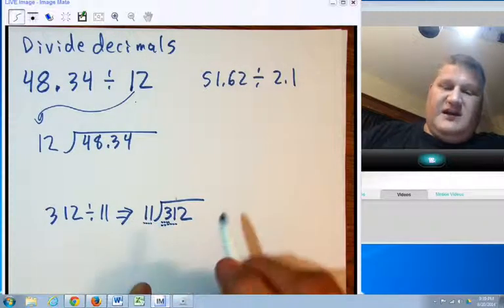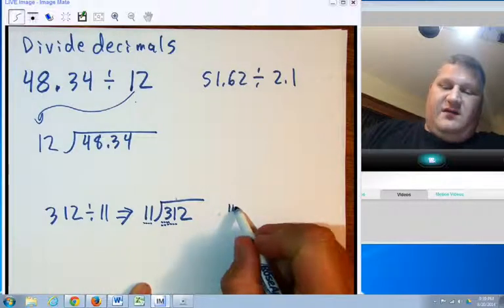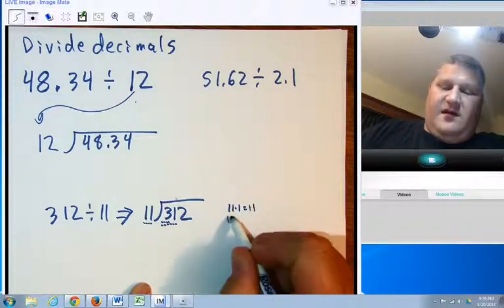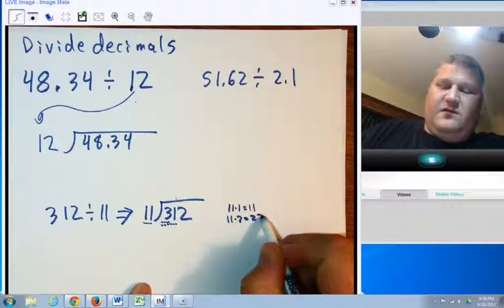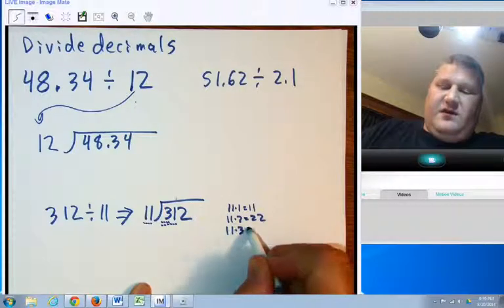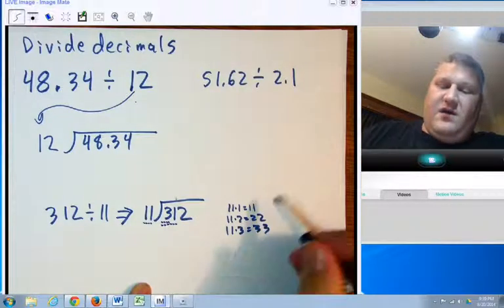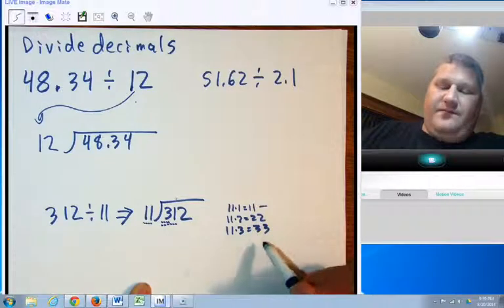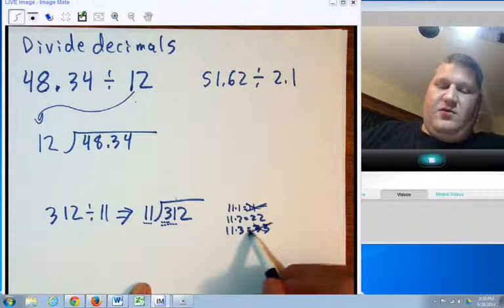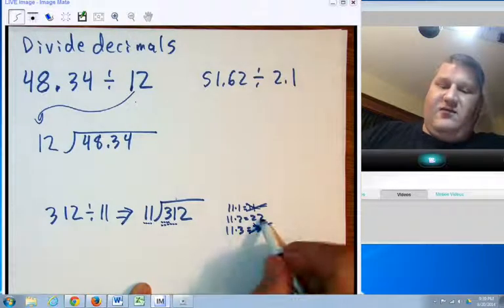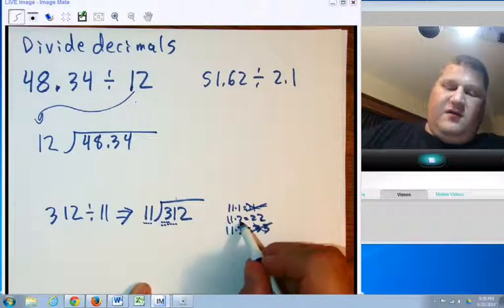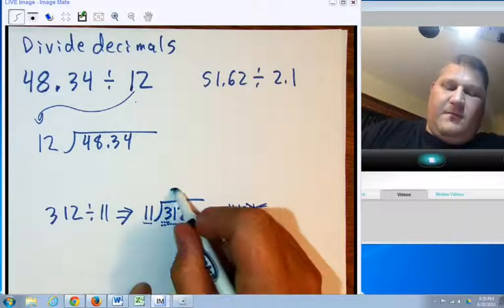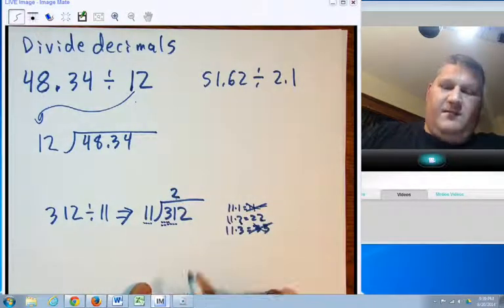Well, let's take a look over here. 11 times 1 is 11. 11 times 2 is 22. 11 times 3 is 33. So, 33 is too big to go into 31. So our answer must be 11 times 2. So I'm going to put the 2 right above the 31.